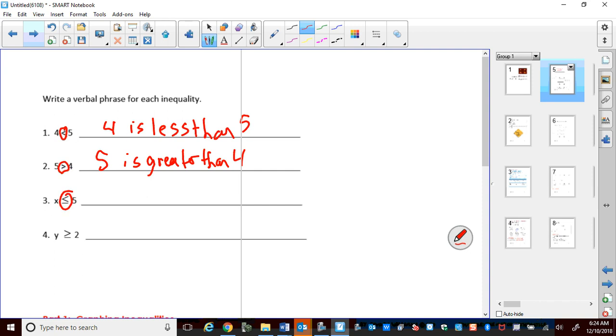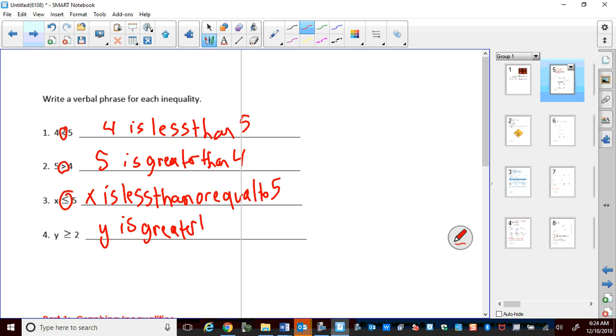Then less than or equal to, x is less than or equal to 5. And the last one, y is greater than or equal to 2. Okay?